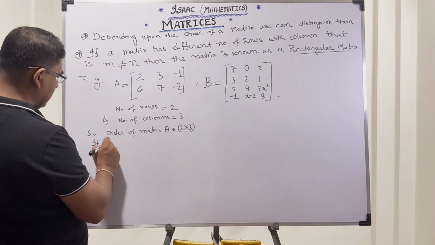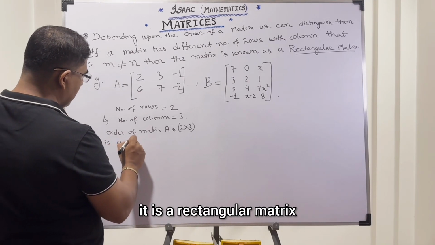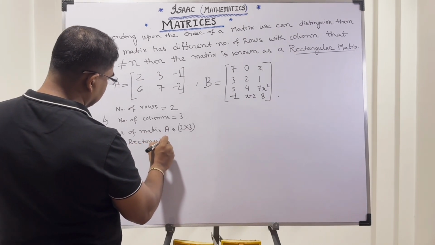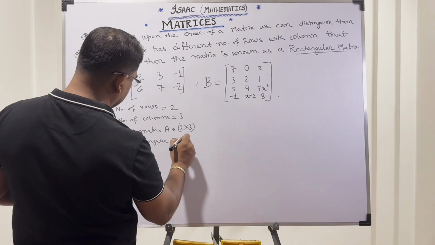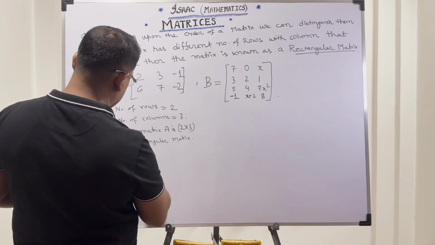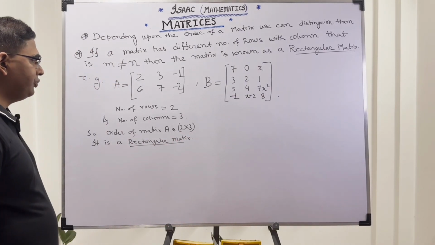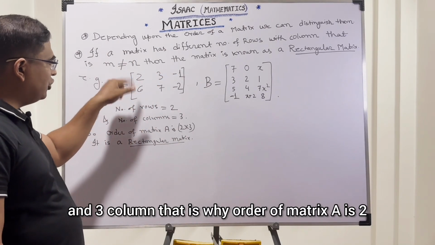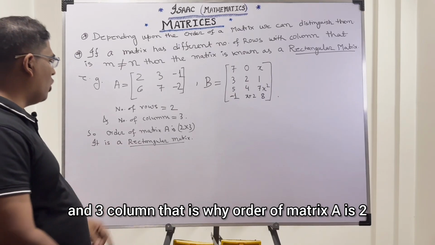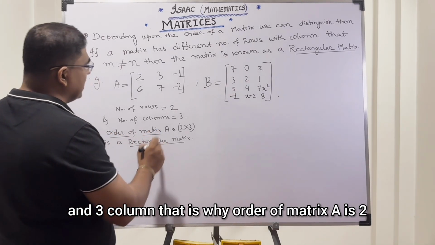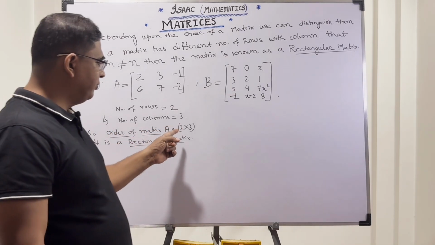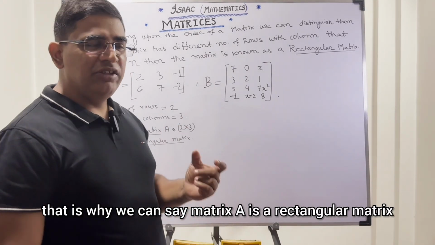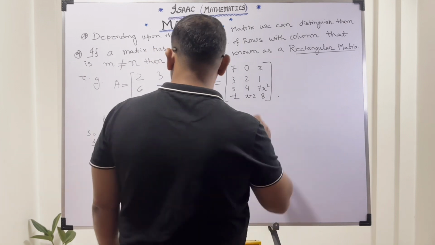It is a rectangular matrix. Okay. Matrix A has 2 row and 3 column. That is why order of matrix A is 2 by 3. That is why we can say matrix A is a rectangular matrix.